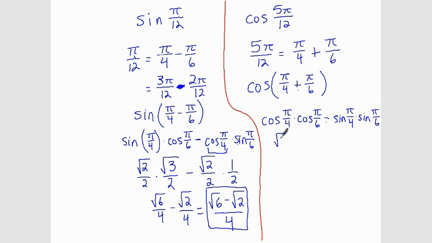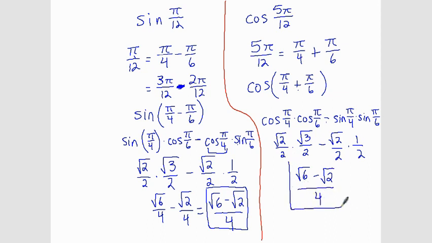So we get root 2 over 2 times, cosine pi over 6 would be root 3 over 2, okay, minus another root 2 over 2 times 1/2. And look at what we get. We get the exact same answer. We get root 6 minus root 2 all over 4.